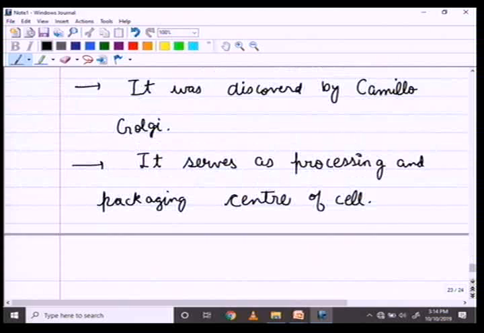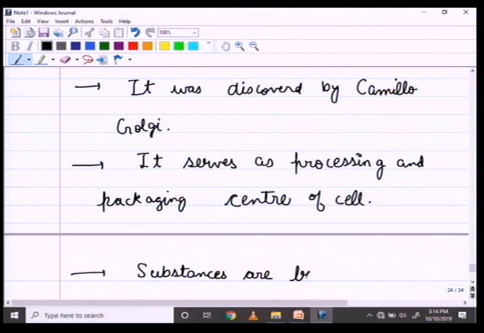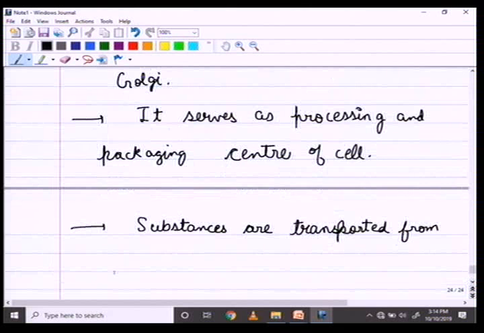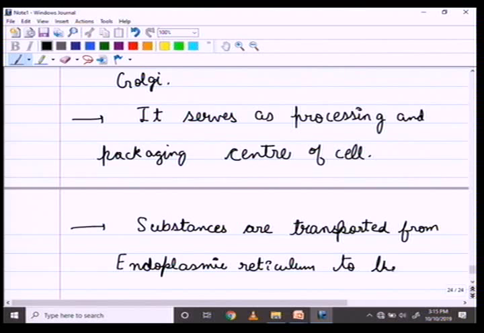Substances are shipped or transported from the endoplasmic reticulum to the Golgi complex.